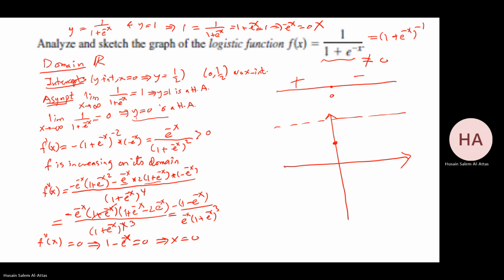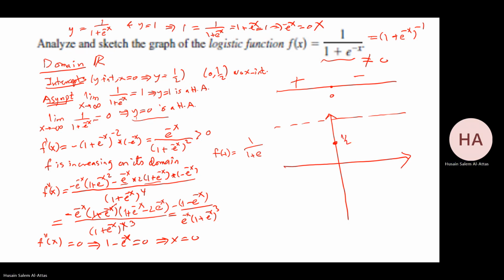Now if you take a negative value, the denominator will be bigger, so you have a value smaller than 1. For example, minus 1: I'm getting 1 over 1 plus e, which is smaller than 1, and smaller than half also.